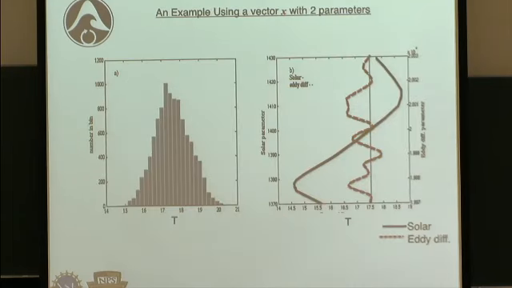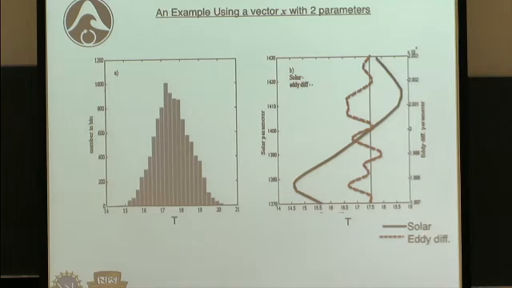If we look then at using the same energy balance model and looking at 2 parameters, the solar parameter and the eddy diffusivity parameter, again looking at the outcome for the temperature, we produce the PDF, and then we can also look at the influence of each of these parameters on the solution.